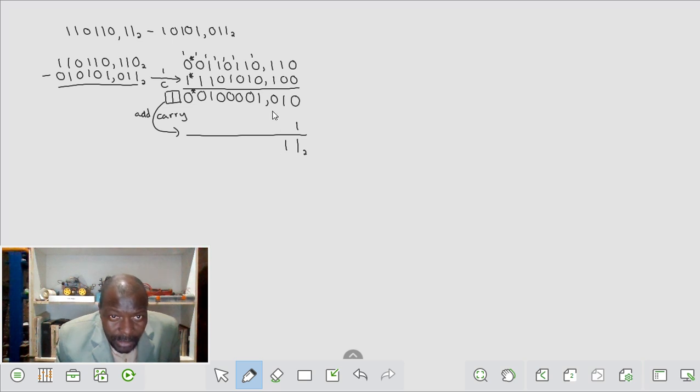This is an answer in base 2. Our 1, our 0. Remember, we're adding, so we just add it there. The rest stays the same. And we have our 1, and it's a positive answer, so there is our answer.